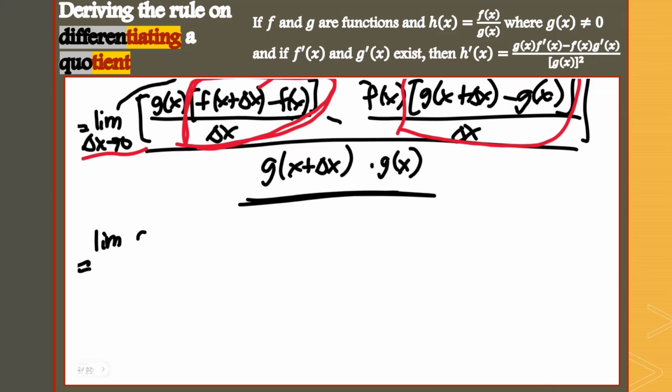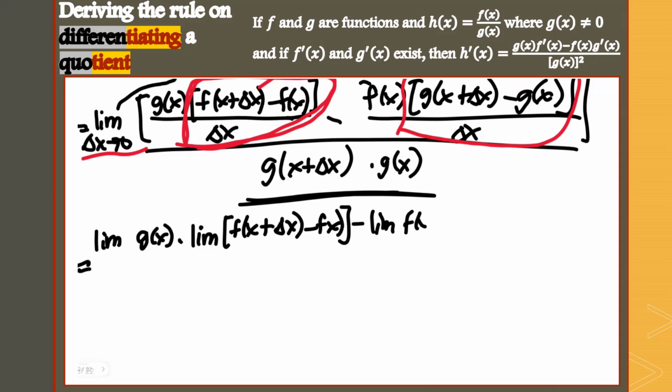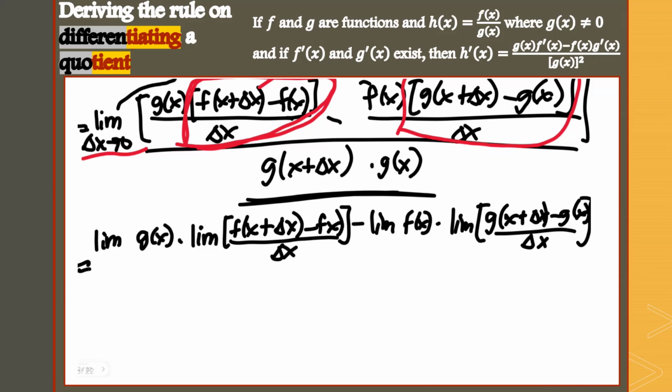of g of x times the limit of f of x plus delta x minus f of x. Okay, think of that. Minus the limit of f of x times the limit of g of x plus delta x minus g of x over delta x here.